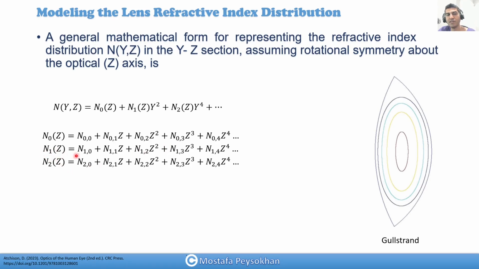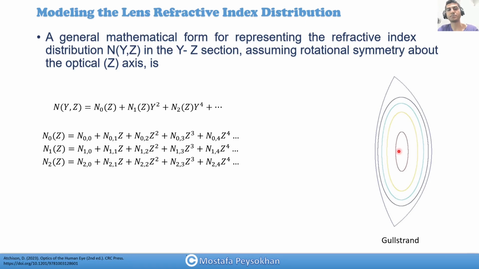And n1(z) is the same, but the index is different: here we have n10, n11, and n2(z) is the same. So you can see in this photo, this is the Gullstrand model. We have contours of constant refractive index. The shapes are like this, depending on what those coefficients are, n00, n01, n02, and the rest of the coefficients.